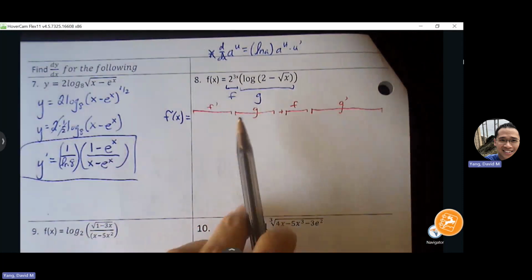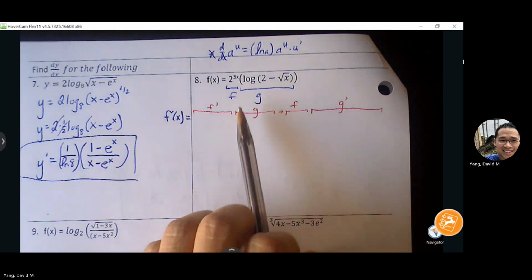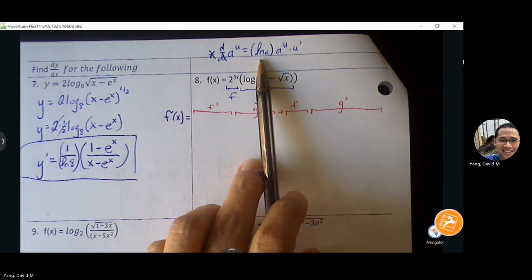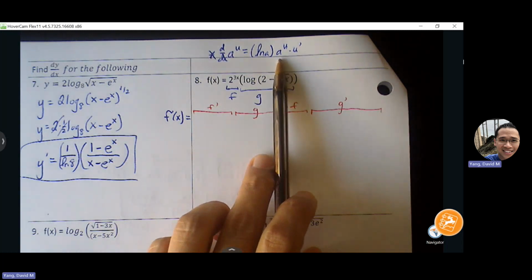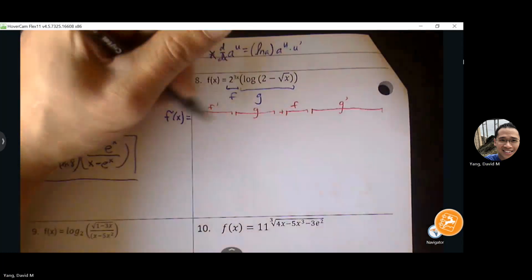Okay, so how do we do the derivative for 2 to the 3x? How would we start it? Times 3. Yeah.